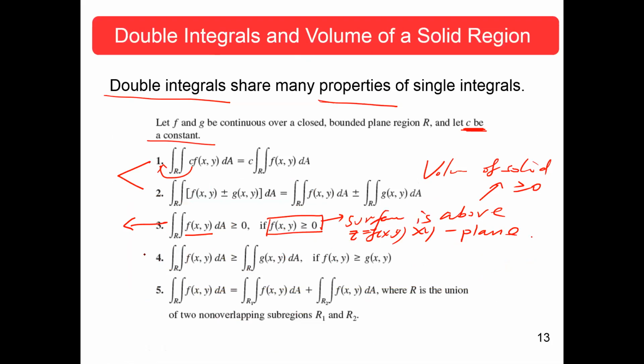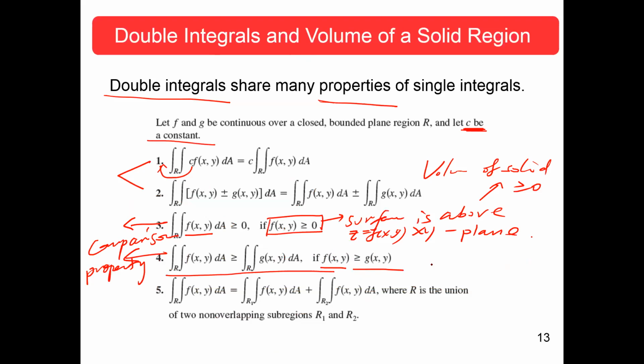Item 4, which is the comparison property. Comparison property says if I have two surfaces, right, if f is greater than or equal to g, then the double integral of f would be greater than or equal to the double integral of g. How do we explain this? I can say I have two surfaces, right?